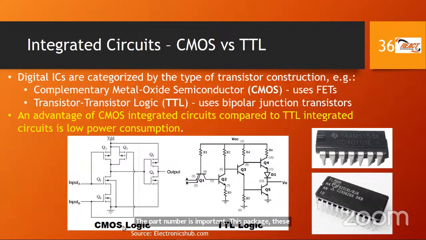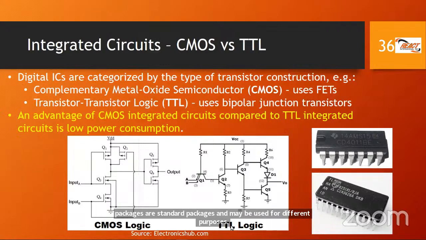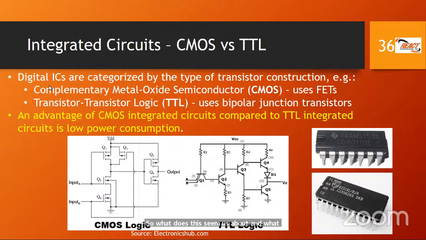So what is this CMOS about, and what is this TTL that we are talking about? So CMOS is an abbreviation, acronym really, for complementary metal oxide semiconductor, CMOS, right? So just for your information, extra information, it uses FETs, or field effect transistors, inside of there, right?